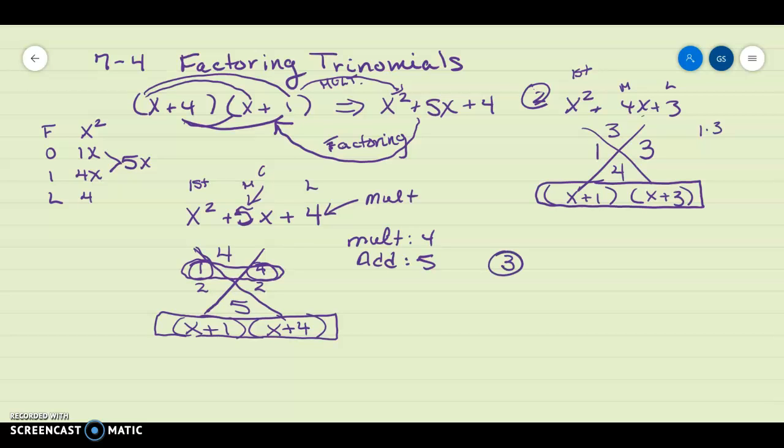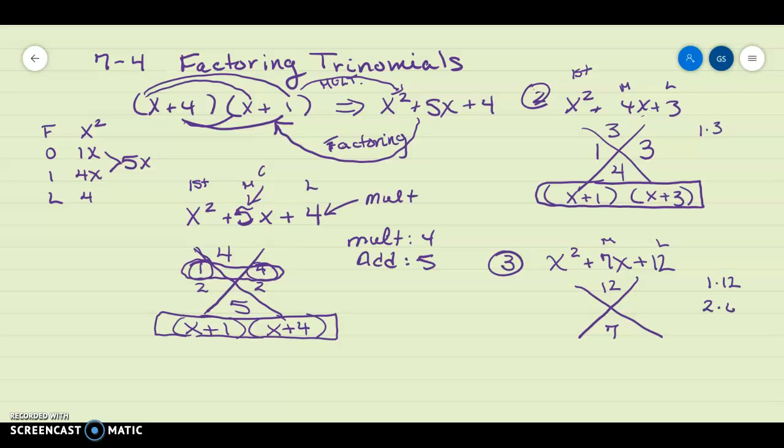All right, let's do another one. How about x squared plus 7x plus 12? Okay, we're going to make an X. In the top of the X, we're going to put our last term. In the bottom of the X, we're going to put our middle term. Okay? All right, so now we need factor pairs of 12. So we have 1 times 12.